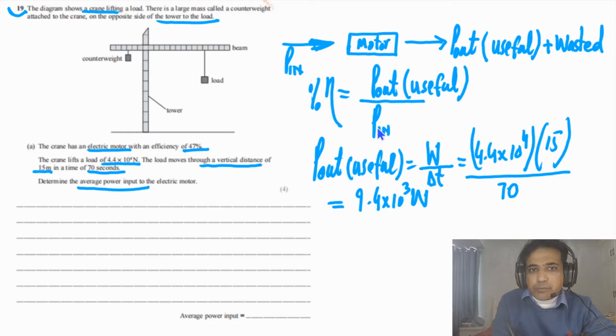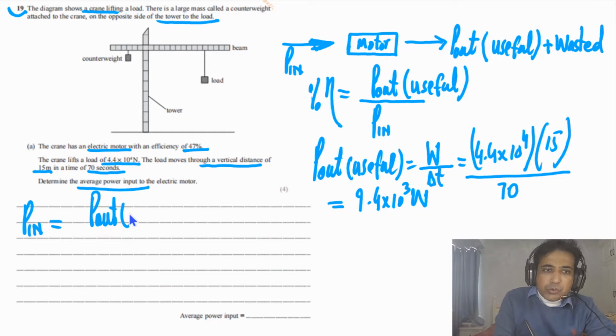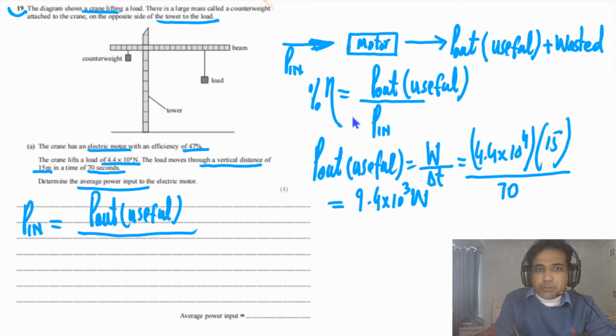We need to calculate P in, the input power. This has to be equal to P out useful divided by the percentage efficiency. Very important, it's better to write down useful. So this will be equal to 0.47.